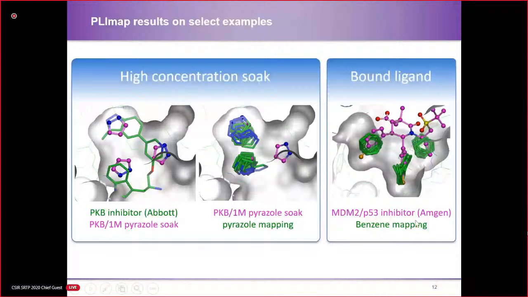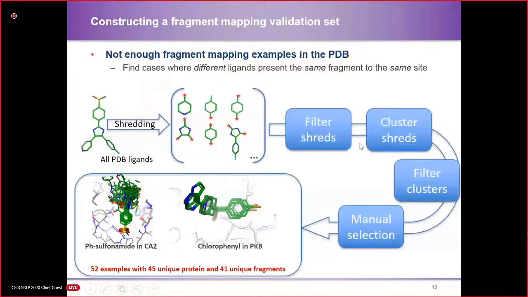Similarly, in another example from the MDM2 p53 protein, which is a target for cancer, our tool nicely maps the hotspots on the protein. We also evaluated our fragment mapping tool against a high-quality fragment mapping set, although such a set did not exist, so we created one, again using the PDB.